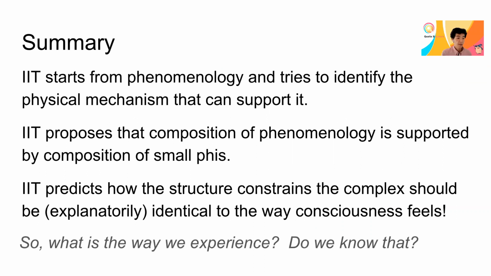So what is the way we experience? Here it is assumed, almost as obvious, but as I have been emphasizing, the way we experience consciousness is not that straightforwardly known to us. So do we really know that? That's the next question.